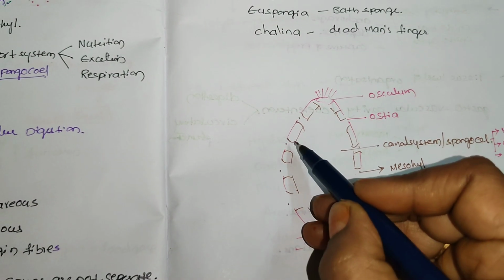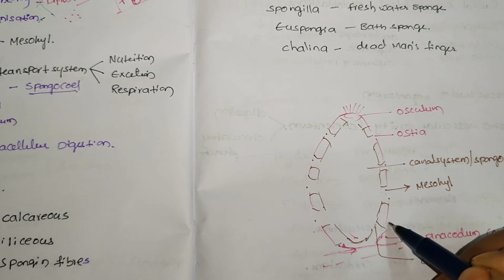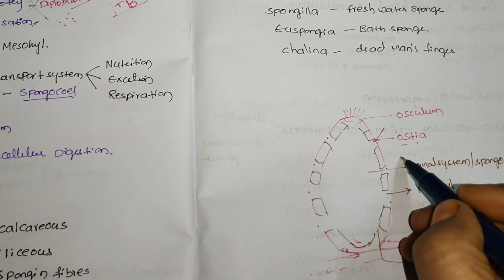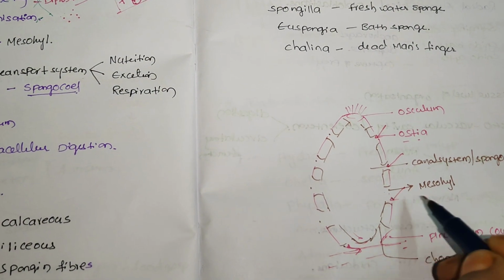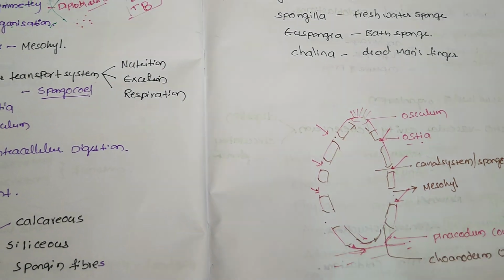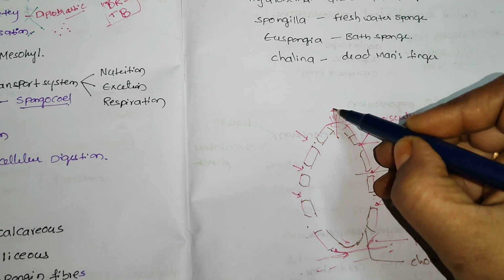Just like the name Porifera, pore-bearing, we have a number of pores. These pores are called ostia. With the help of ostia, water comes into the organism. Osculum is the exit place.